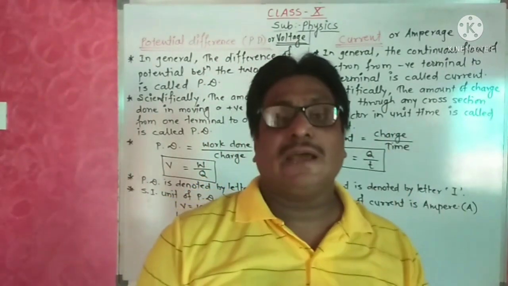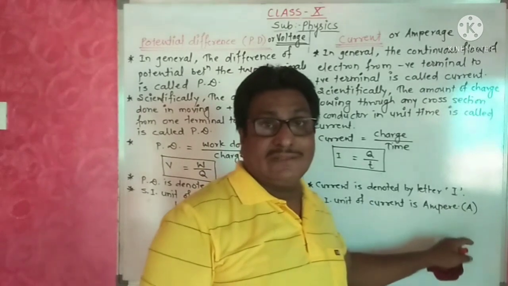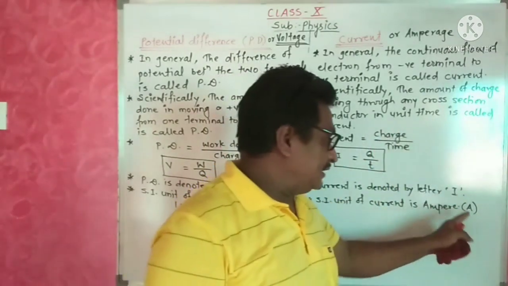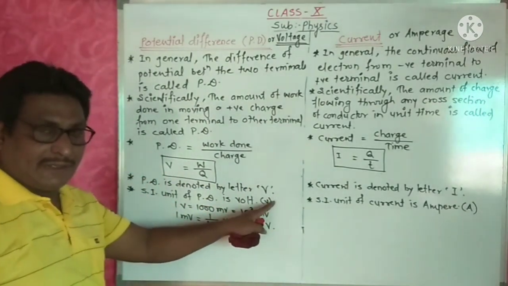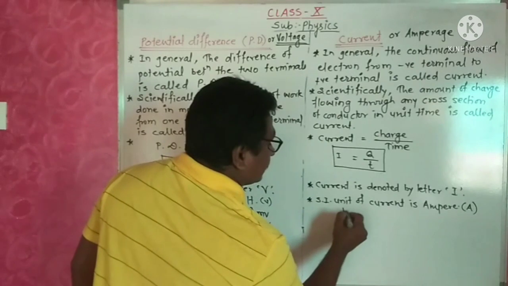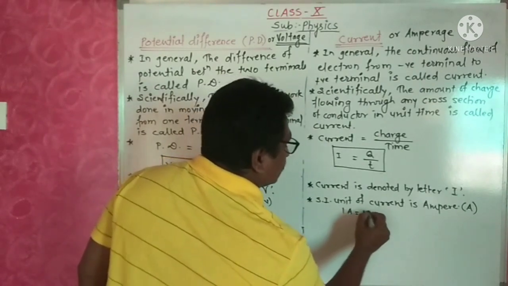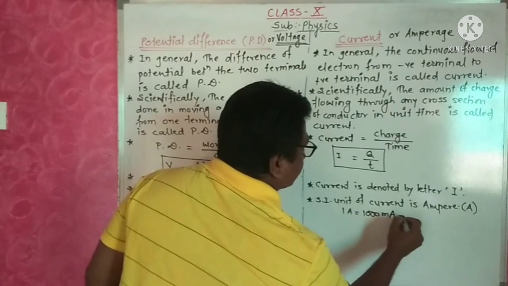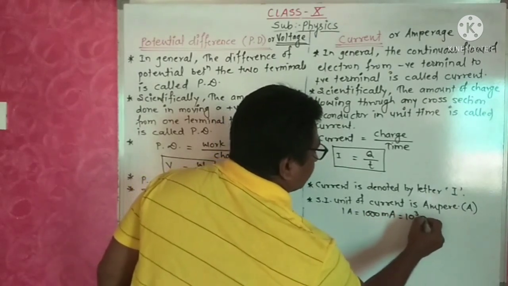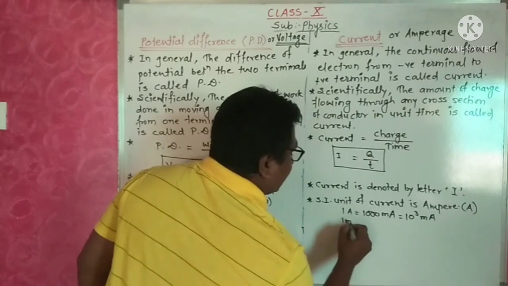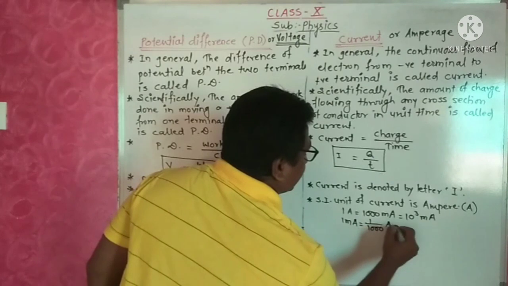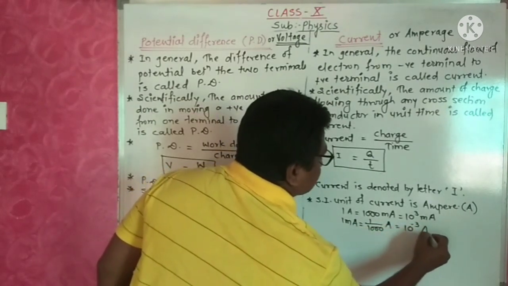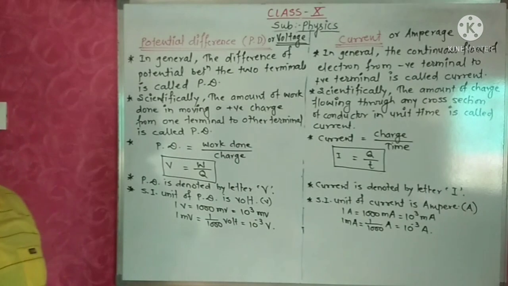So in honor of that, the SI unit of current is ampere and it is denoted by letter A. Volt is denoted by letter V. So 1 ampere equals 1000 milliampere, means 10 raised to the power 3 milliampere. 1 milliampere equals 1 by 1000 ampere or 10 raised to the power minus 3 ampere. Understood this?